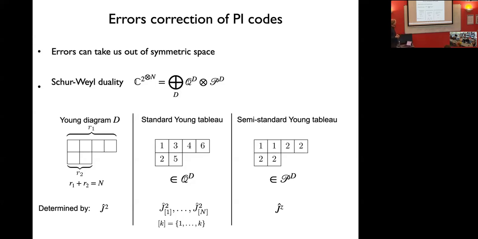So we can use the Schur-Weil duality to rewrite the Hilbert space for n qubits in terms of a direct sum over Young diagrams, where a Young diagram is just, for SU(2), a diagram with 2 rows. There's a top row with R1 boxes and a bottom row with R2 boxes, so that R1 plus R2 is equal to the number of qubits. And this shape is determined by the eigenvalue of the operator J squared.